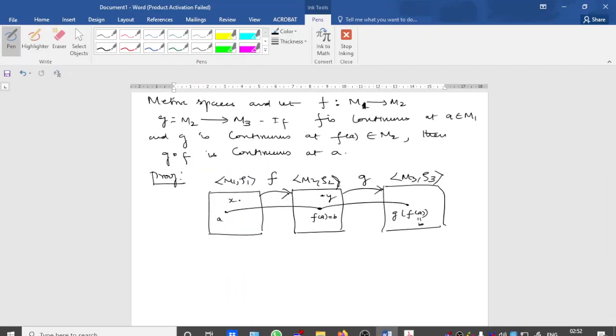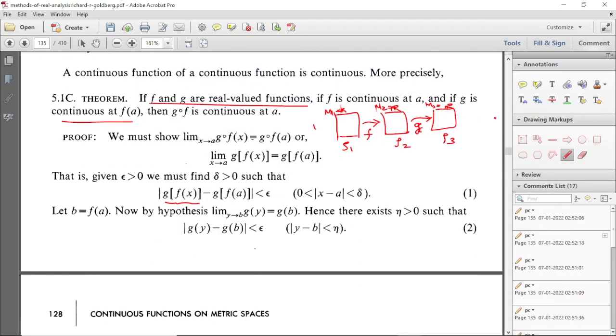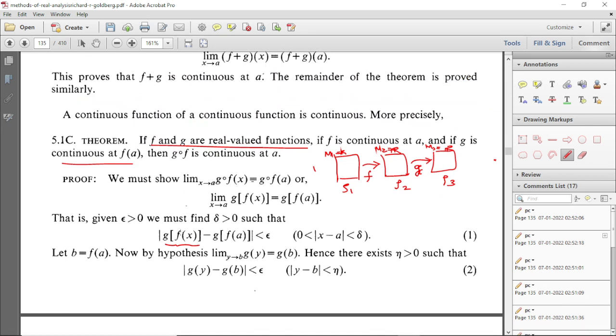Okay. So now how to change them accordingly? See, g of f of x means from here to here, it falls in the third set. So instead of this absolute sign here, what we have to do is rho 3 of g of f of x comma g of f of a. That's all. Everything is same.